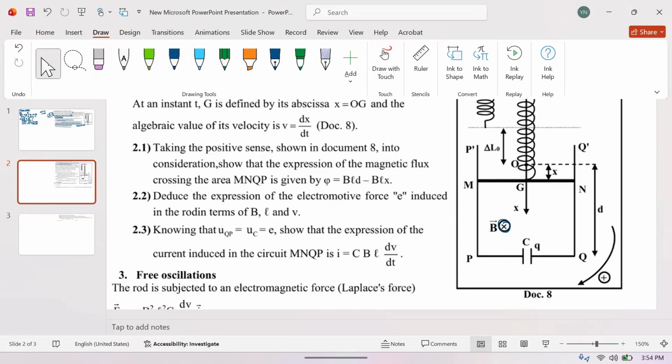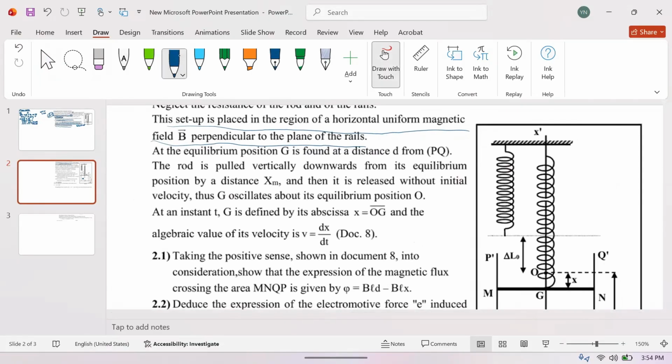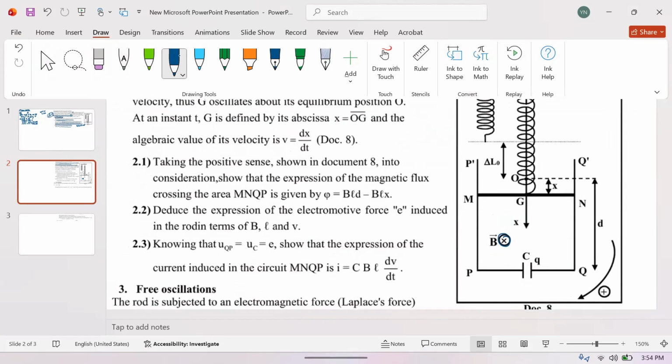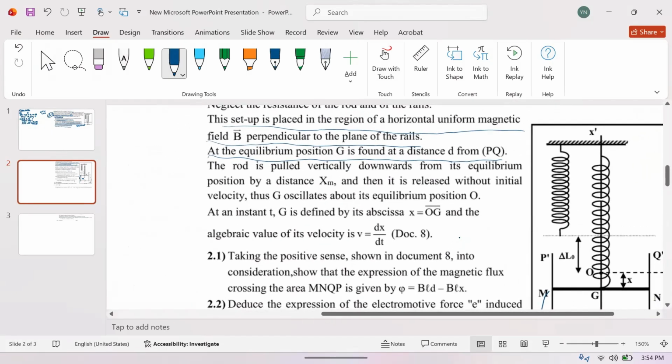Okay, let me continue my given. At the equilibrium position, MN is found at a distance D from PQ. So we have the distance of the rod from PQ, which is D. The rod is pulled vertically downwards from its equilibrium.